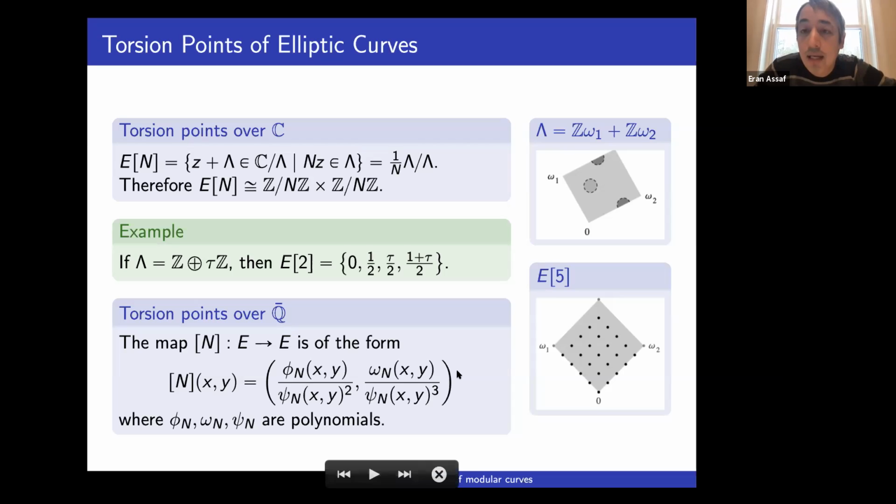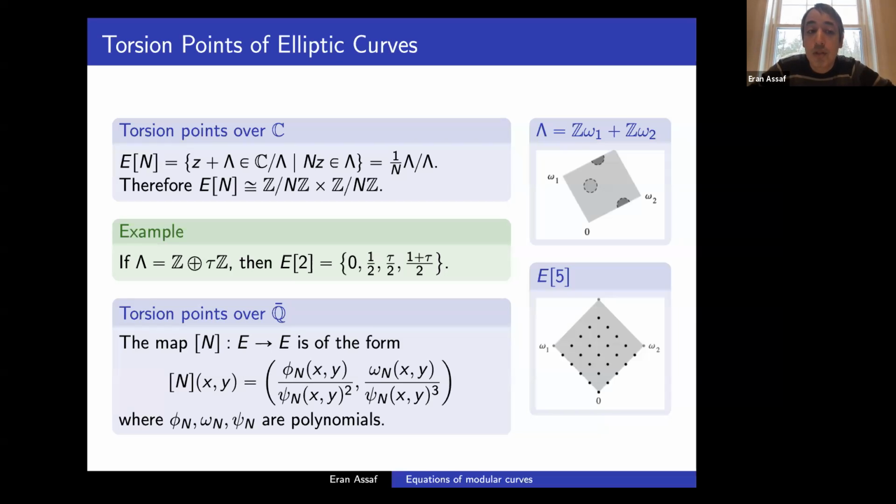So on the right-hand side, you can see a lattice in the complex numbers, and we can see the torsion points of order 5 in the quotient. So each point of the 25 points you see here, if we multiply it by 5, we obtain a point of the lattice, which means that in the quotient, it's a torsion point of order 5. So it's a point of finite order.